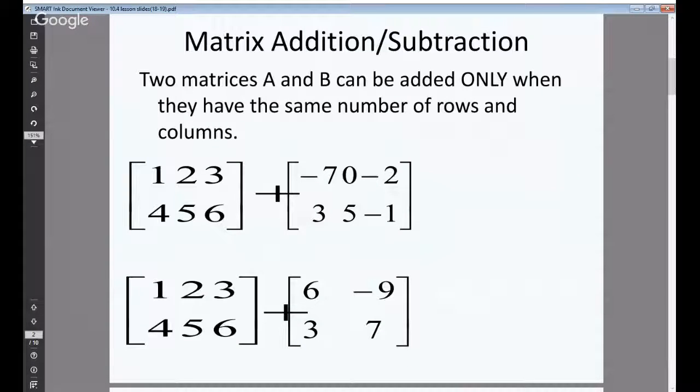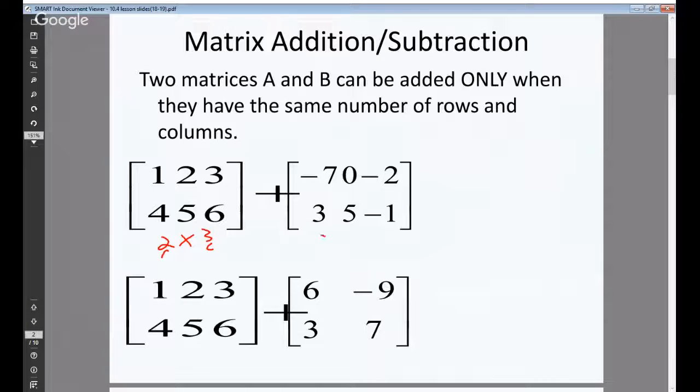Most of the stuff you've already learned before in Algebra 2, but maybe we need a little refresher. For example, matrix addition and subtraction. Two matrices can be added only when they have the same number of rows and the same number of columns. In our first example, the first matrix is a 2 by 3, meaning it has 2 rows and 3 columns.